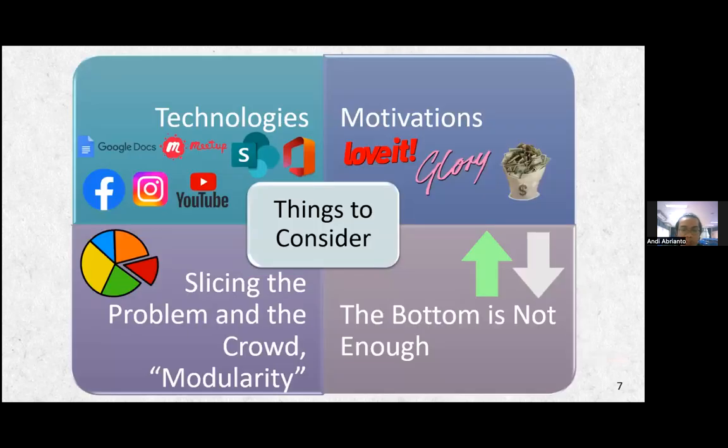The first thing to consider is technologies. A variety of digital tools have emerged recently that can assist in group collaboration. Each brings its own capabilities and may be suitable for solving different problems.